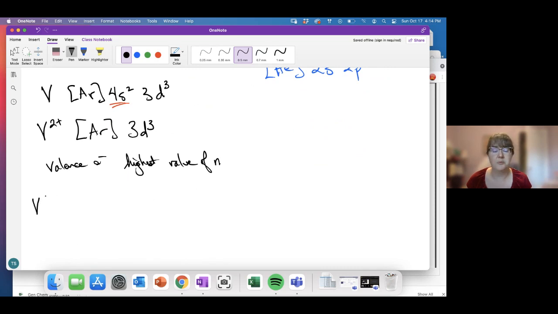If I needed to remove more electrons, I would then go to my 3d3. So if I was looking for vanadium 3+, I'm taking away either 3 electrons total from the neutral, or 1 more than what we did before. I would still have that argon core, and then I would head into those d electrons, but only after I've removed the s electrons.